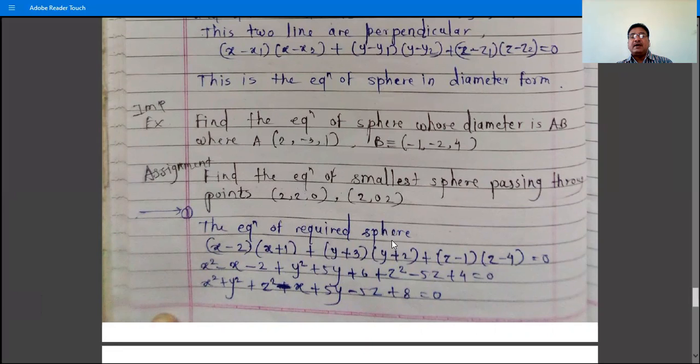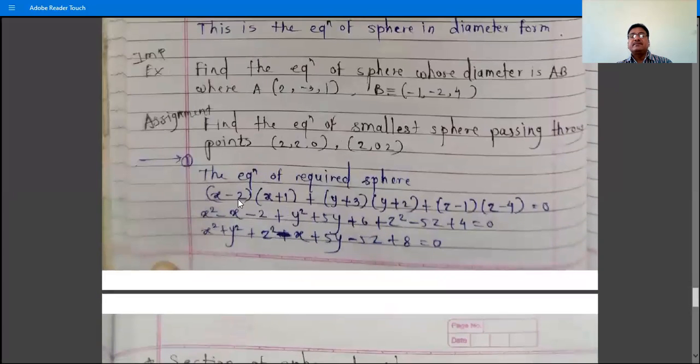The equation of the required sphere is x minus 2 into x minus minus 1, that becomes plus 1, plus y minus minus 3, that becomes plus 3, into y minus minus 2, that becomes plus 2, plus z minus 1 into z minus 4 is equal to 0.